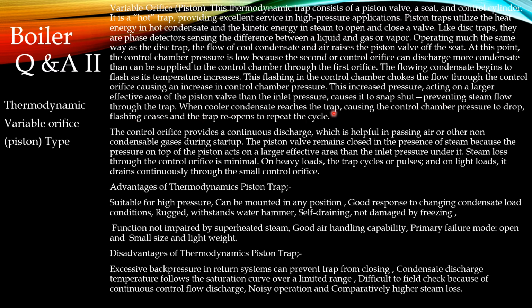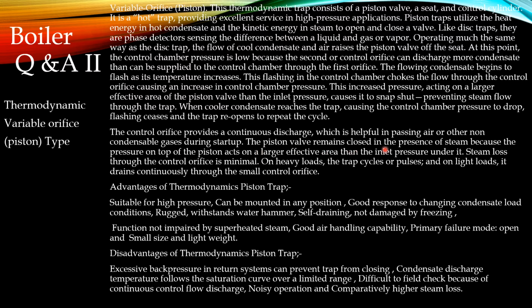When cooler condensate reaches the trap, causing the control chamber pressure to drop, flashing ceases and the trap reopens to repeat the cycle. It is the same as the disc type, but instead of a disc, a piston is provided. The control orifice provides a continuous discharge, which is helpful in passing air or other non-condensable gases during startup.